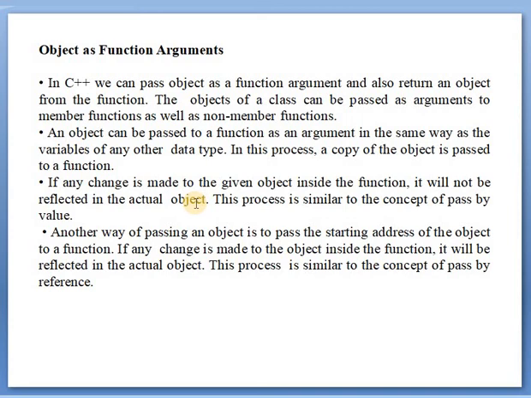In pass by value, we are passing the copy of that object, and if we make any changes in the copied object, it will not affect the actual object. But at the time of passing an object by reference, if we make changes on the object, it will affect the actual object.